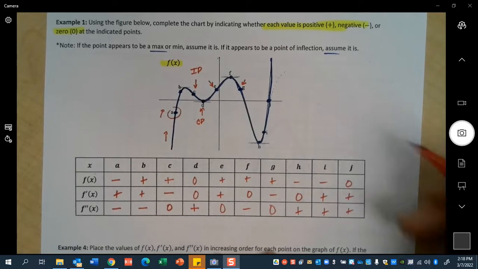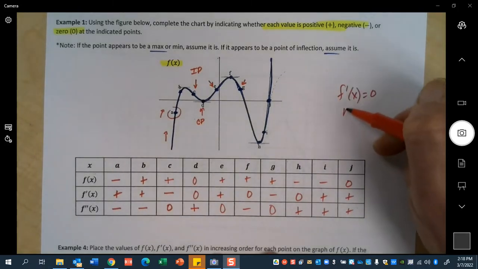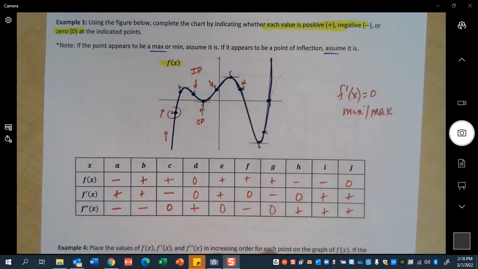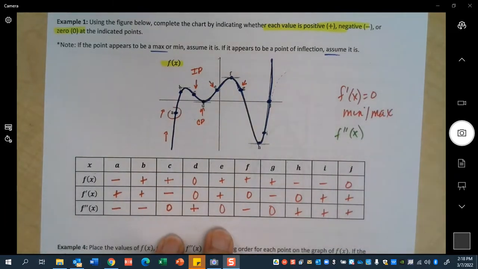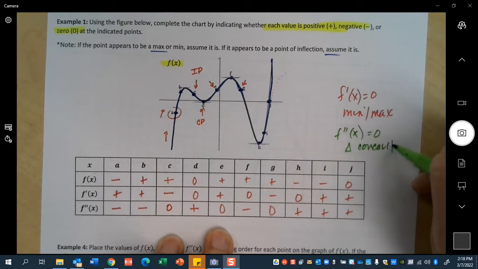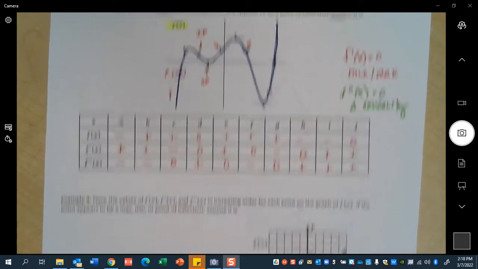So at the places where my f prime of x is equal to 0, that's what determines a minimum and a maximum. At the places where f double prime is equal to 0, that's where I'm looking at a change in concavity. All right, let's take a look at the next one.